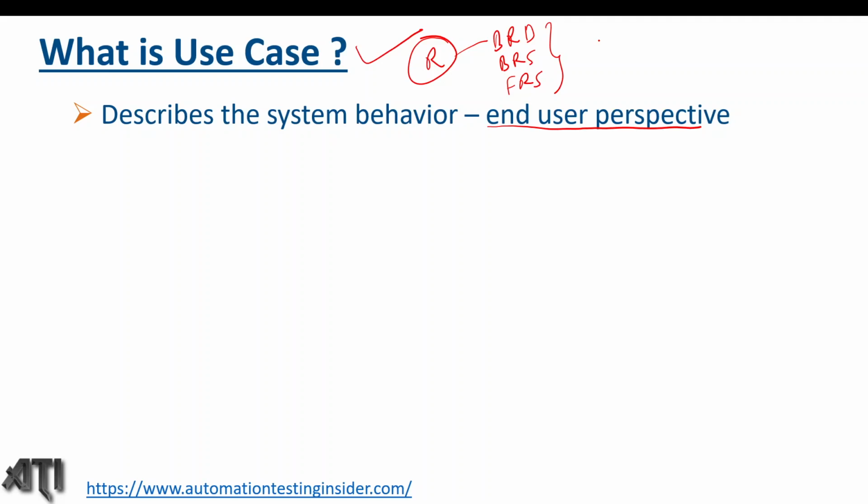They prepare the use cases, which are derived from these documents, and this is prepared by the business user or business analyst. From here, use cases are handed over to the development team. Use cases will be given to the development team and the testing team.